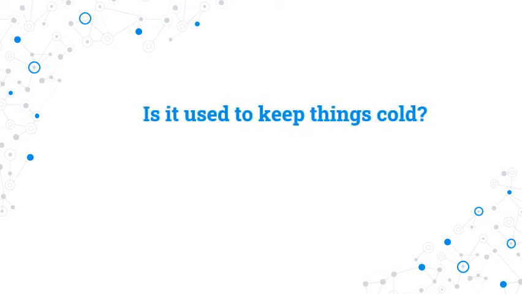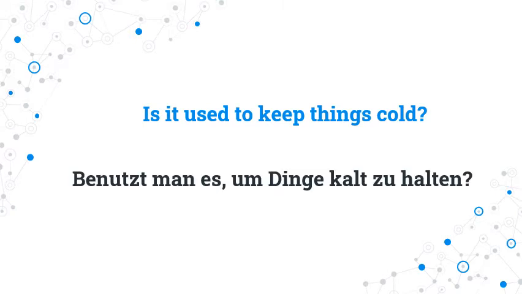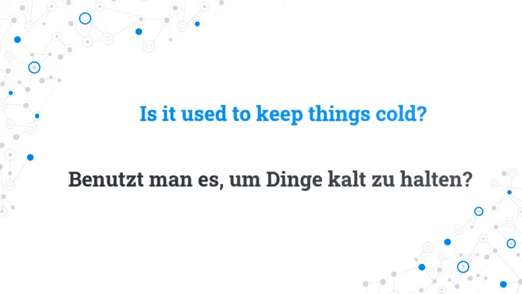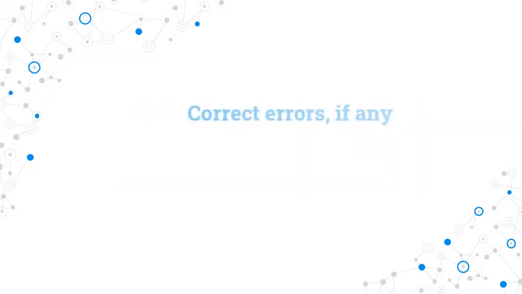How do you say, is it used to keep things cold, in German? Benutzt man es, um Dinge kalt zu halten? How do you say, correct errors, if any, in German?